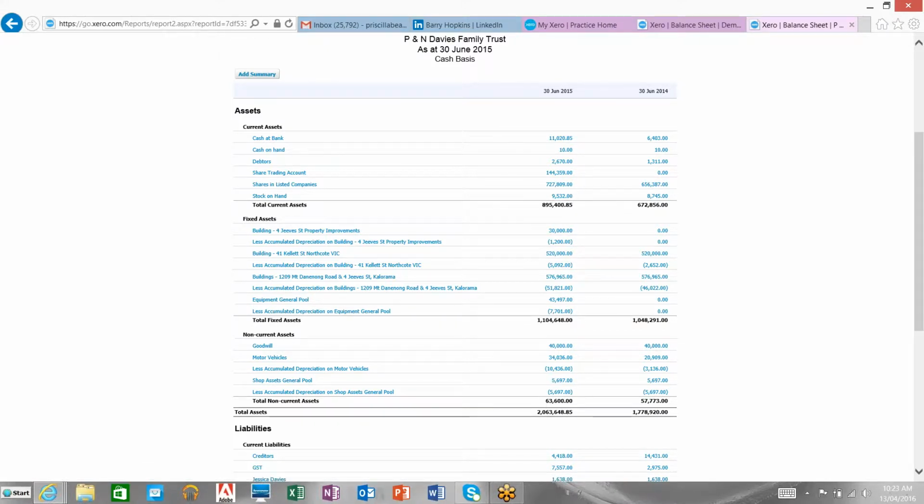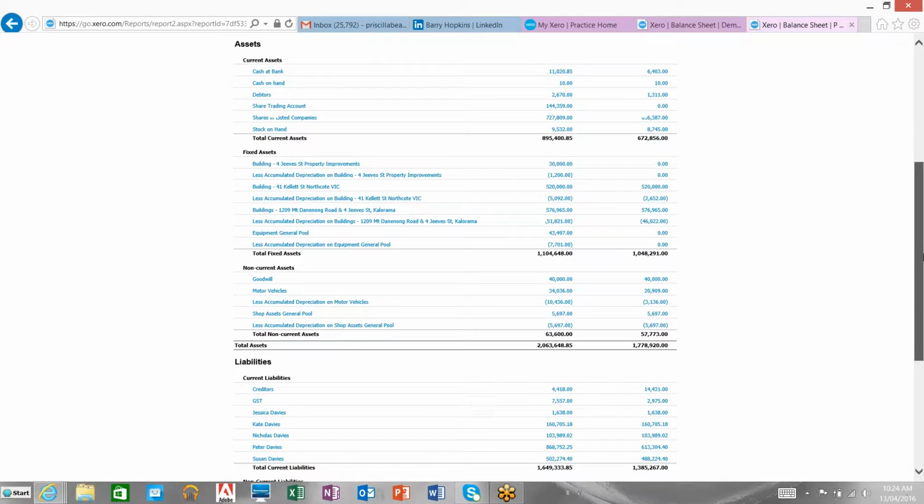Now, when I said the relationship between the profit and loss and balance sheet, the closing stock from profit and loss becomes stock on hand in the balance sheet, this figure. And if we have a trading account in the profit and loss and this entry does not appear in the balance sheet, something is wrong. You have to go and ask why we don't have this figure in the balance sheet. We have to reconstruct the whole thing.